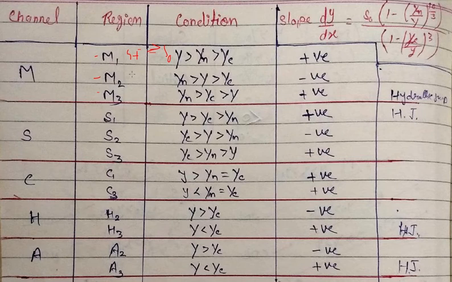So the slope of the energy line is greater than the slope of the bed.